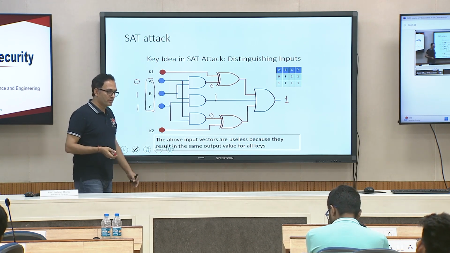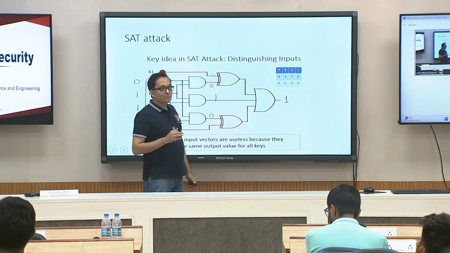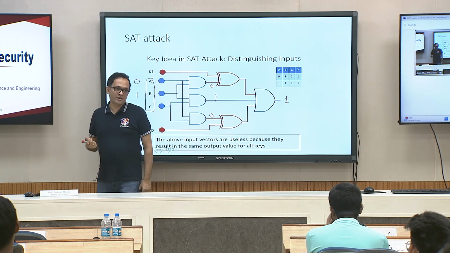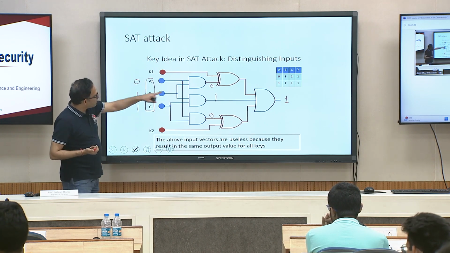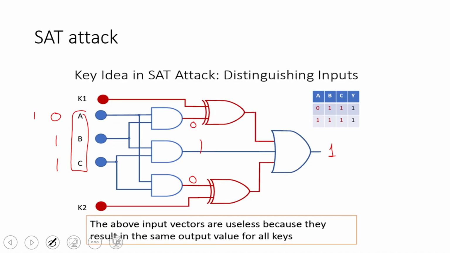So some inputs are not so important for the attacker, like 0 1 1 or 1 1 1, because if you give 1 1 also, output will be 1. I want some input which is distinguishing, which can separate some keys as correct keys and some keys as wrong keys.